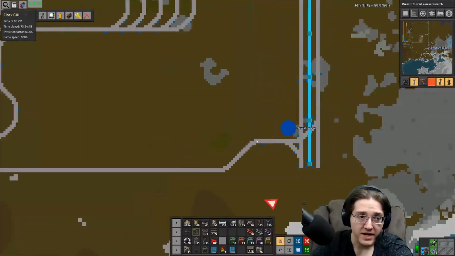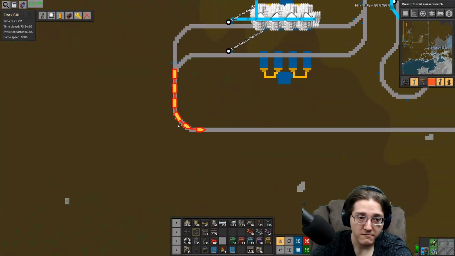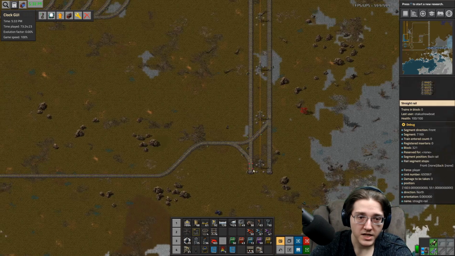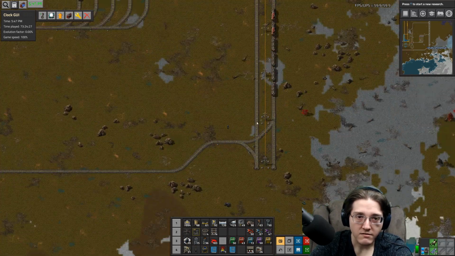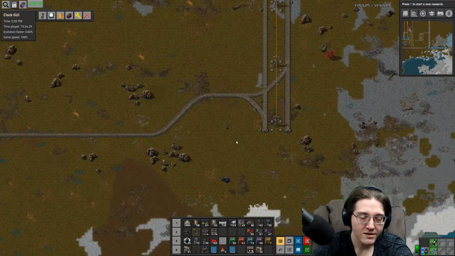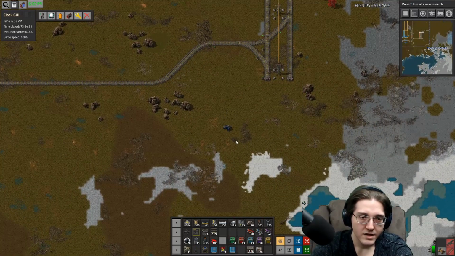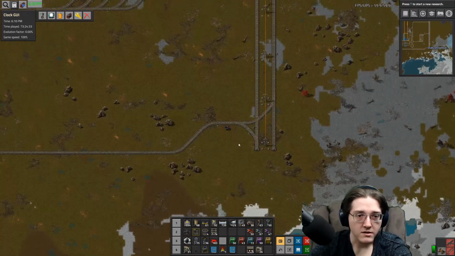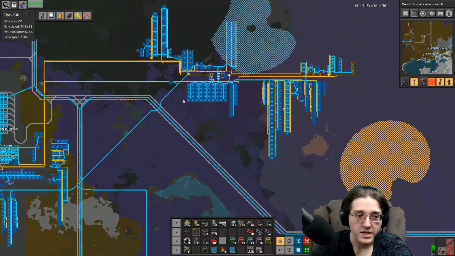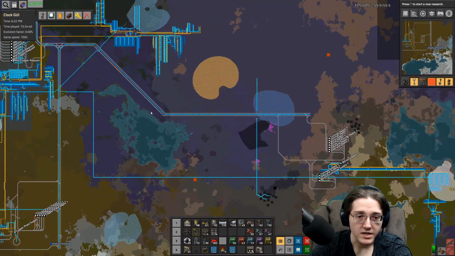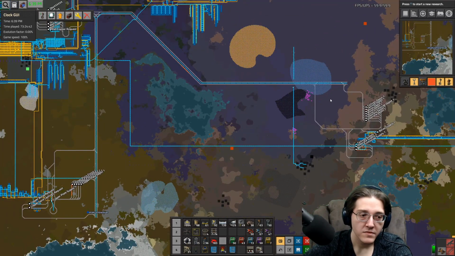Alright, now the train has a path, so it should be moving. So we'll see it go by. Bye-bye, train. It can now go all the way and load up and fuel up as well while it's there. We can watch as it goes on its merry little way.